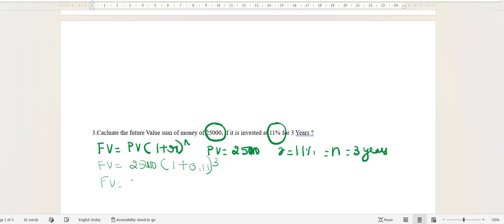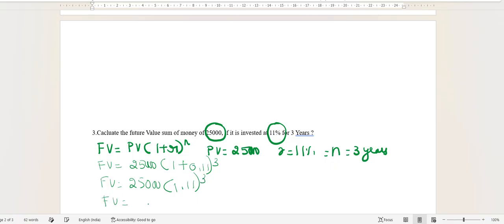My future value is equal to 25,000. Now, what is 1 plus 0.11? 1 plus 0.11 will be 1.11, to the power of 3.